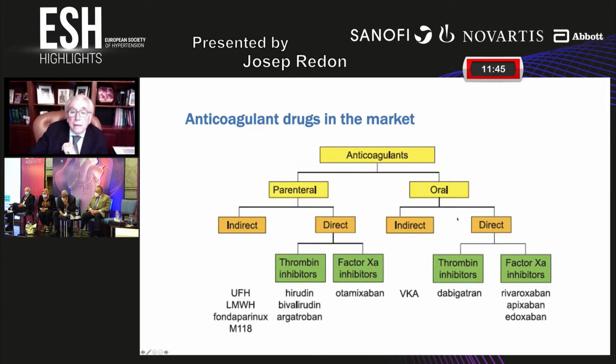Oral anticoagulants are indirect, the antagonists of vitamin K, and direct, the thrombin inhibitors and the activated factor 10 inhibitors. The others are parenteral but also indirect: unfractionated heparin, low weight heparin, and fondaparinux. Those are the tools that we have in our hands.